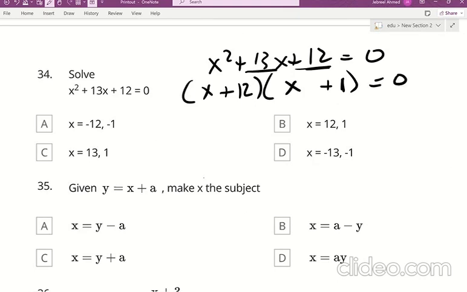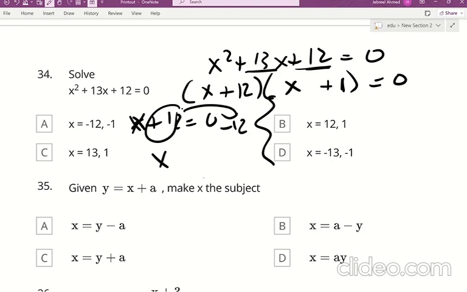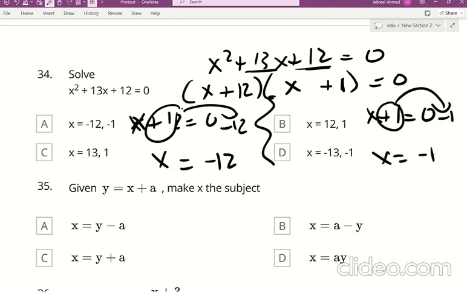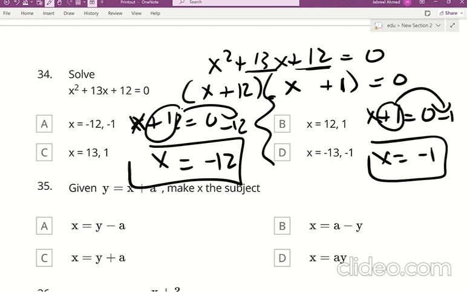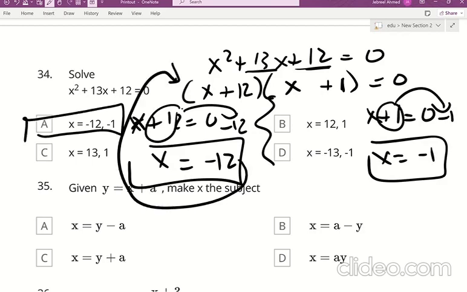So when I set these equal to 0, x plus 12 equals 0, I'm going to take the plus 12 and put it here. It's going to become minus 12. x equals negative 12. x plus 1 equals 0. I'm going to take this plus 1, put it here. x equals negative 1. So my two solutions are negative 12 and negative 1. So don't forget, this and this are both the same thing.